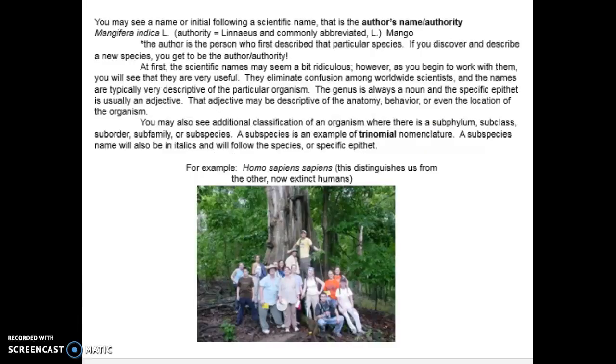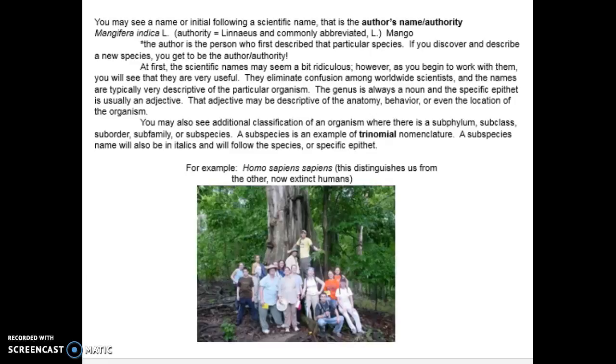We want to keep that in mind when we're naming organisms. When you see a name or an initial following a scientific name, that indicates the author, or who named it. The authority of the naming individual is abbreviated, or just a little L for Linnaeus there.